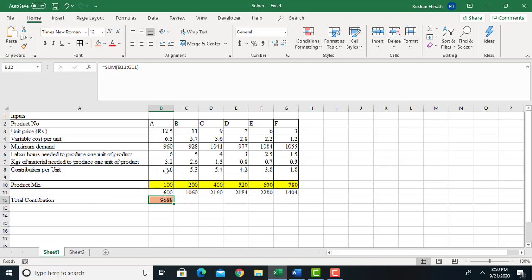You simply multiply the contribution per unit by the product mix and thereby you manage to get this total contribution by adding. So you had to do two steps. One is to multiply the contribution per unit by the product mix and thereafter take the total, and that is the process that you had followed.